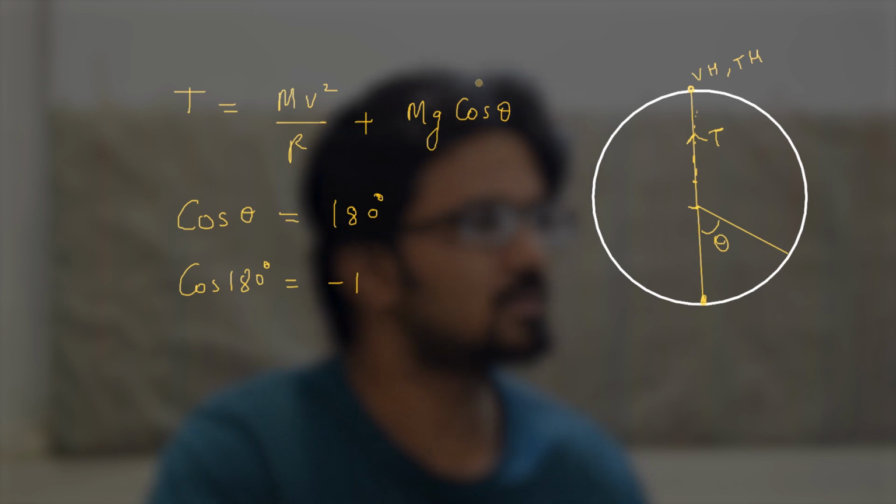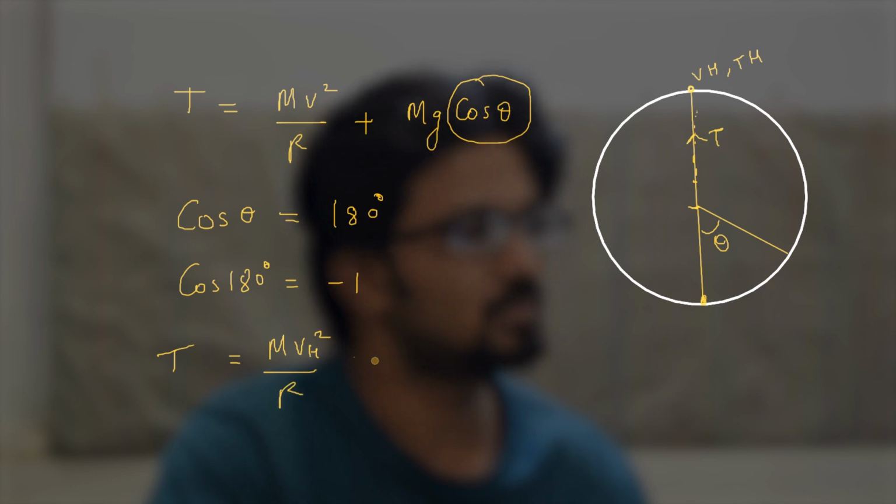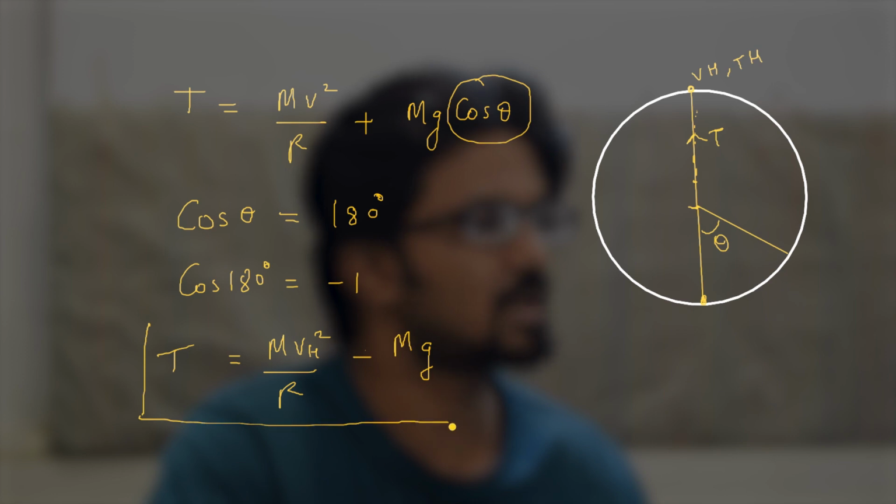We can substitute in this equation and write T equals m vh square by r minus mg. This would be the equation for calculating tension at the highest point. But we know that the tension at the highest point would be equal to 0.